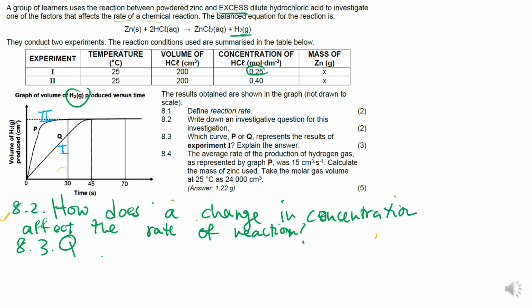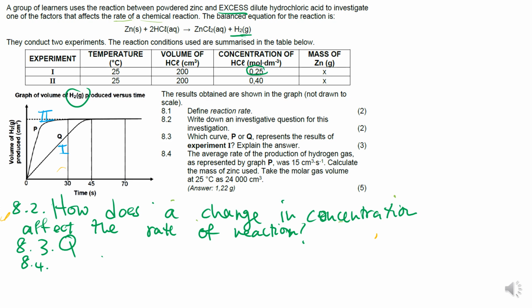And then 8.4 says, the average rate of production of hydrogen gas as represented by the graph was 15 cubic centimeters per second. Calculate the mass of zinc used. It's very important when you're reading to highlight some key things.